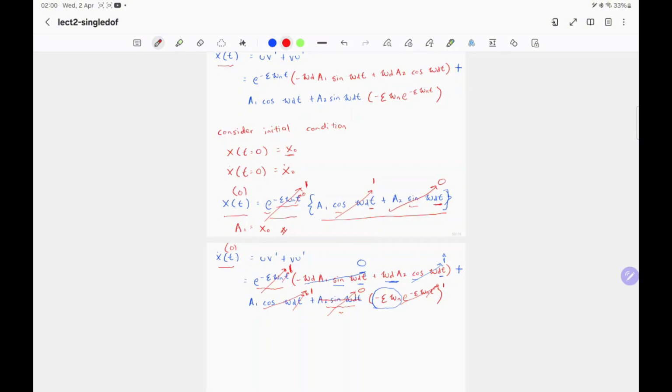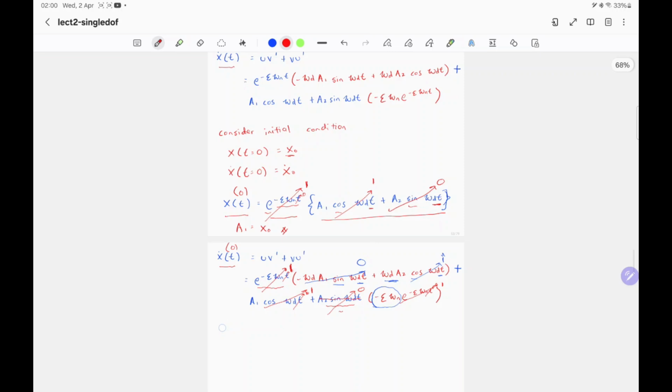If I write this, this is just mathematics, very simple. x dot naught, because x when time is 0, is equal to 1 multiplied with 0, plus omega d a2, plus a1 multiplied with 1, so a1, plus 0, because all of this has become 0, multiplied with negative zeta omega n.